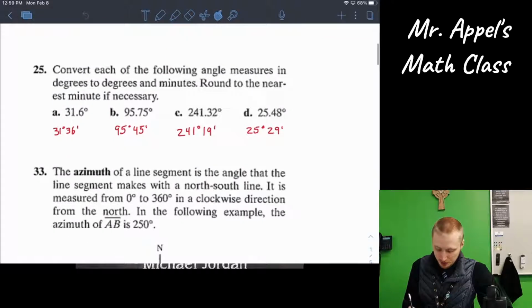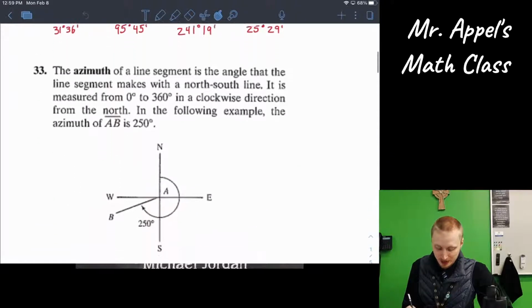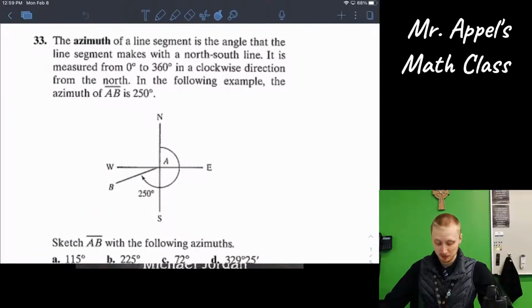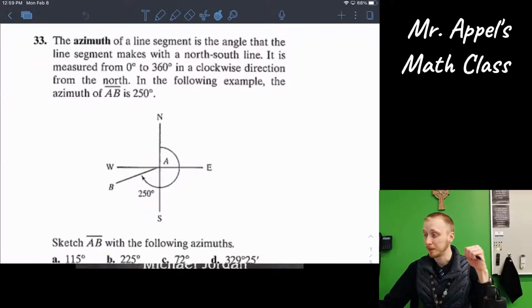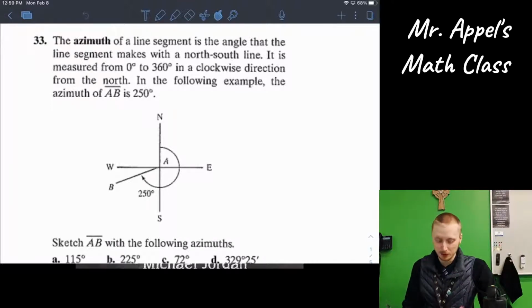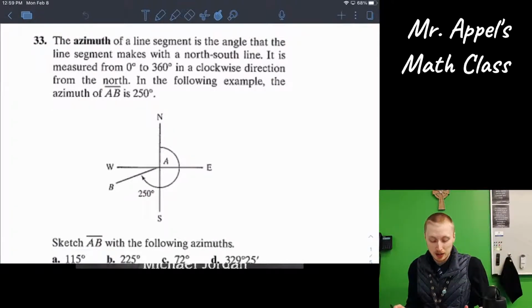Here's another one from last week, the azimuth of a line segment, right? Used in navigation. And is this, strictly speaking, useful, as it were? I think so.